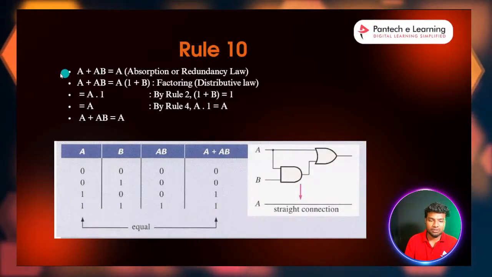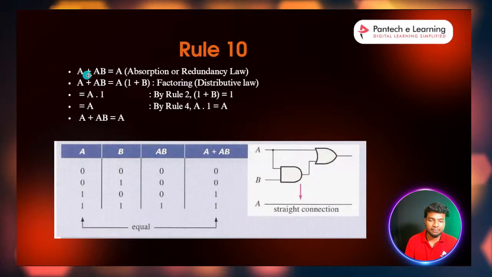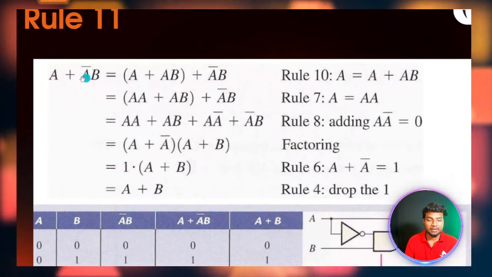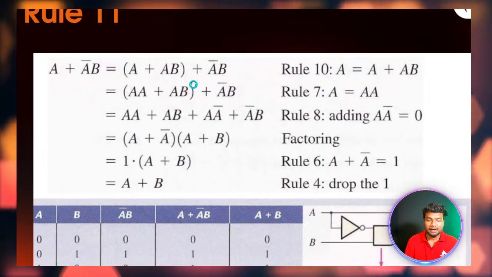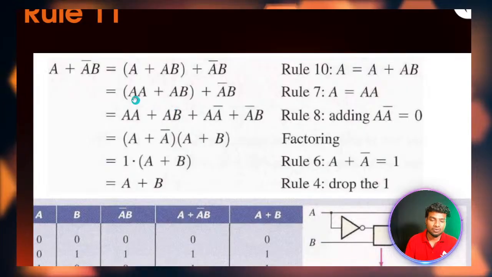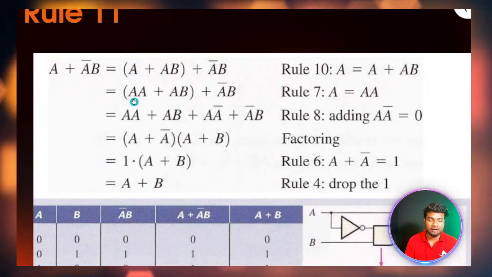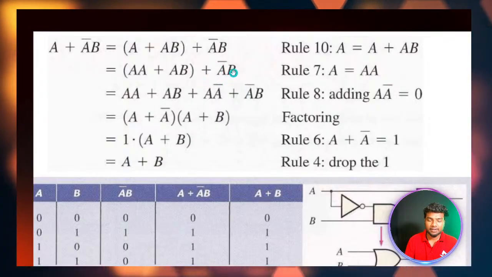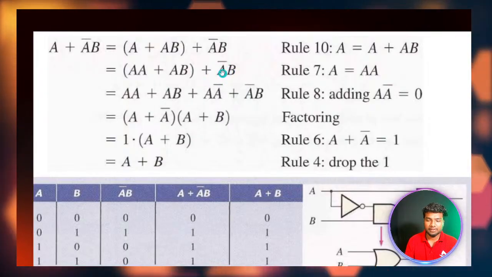Already we know that a we can write as a plus ab. So I write that a as a plus ab, and I can also write a equal to a dot a. So I write this a as a dot a, and then I multiply it with a bar b.